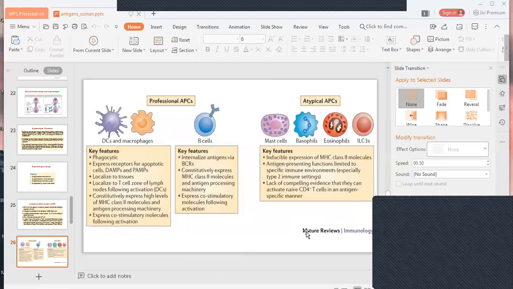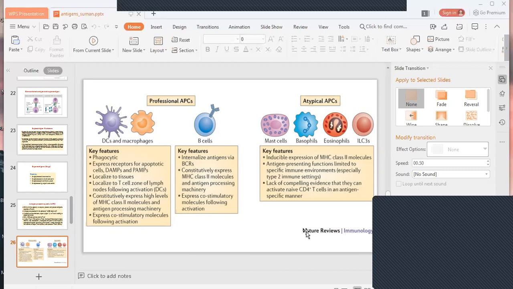There are two types of antigen presenting cells. One is the professional antigen presenting cells, or APCs, and the second one is the atypical APCs. These are the mast cells, basophils, eosinophils, etc. But predominantly taking part in the immune system are the professional APCs, and these are dendritic cells, macrophages, B cells, etc. Monocytes are also there.